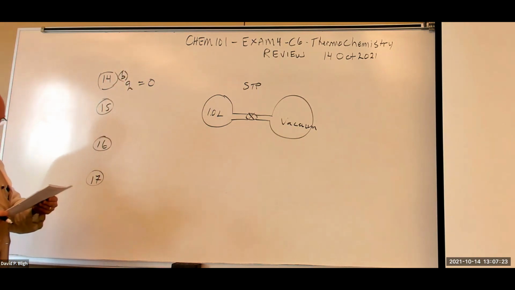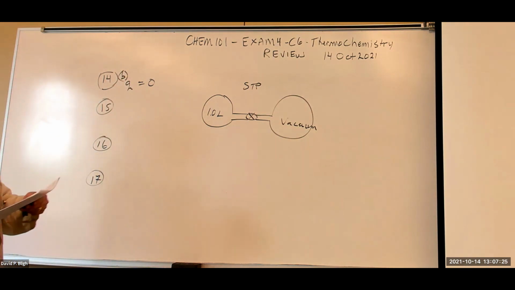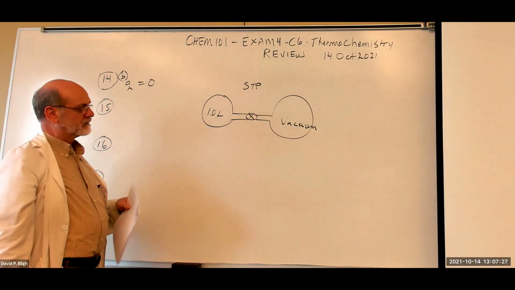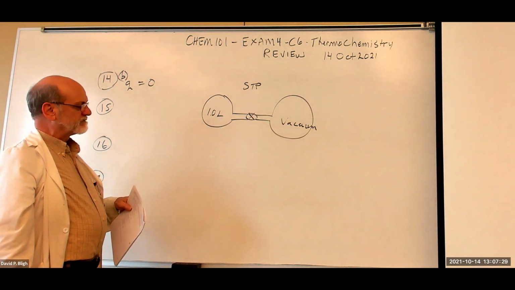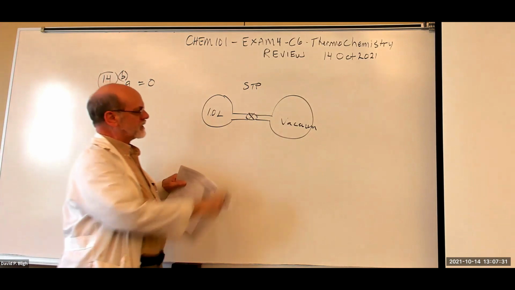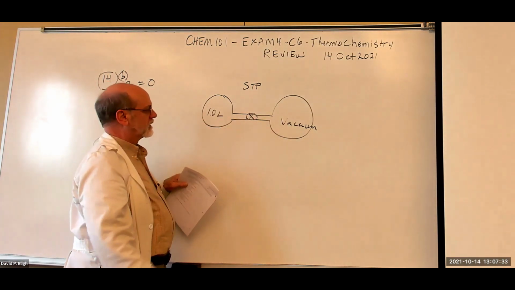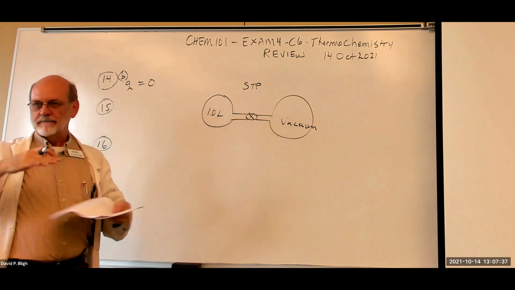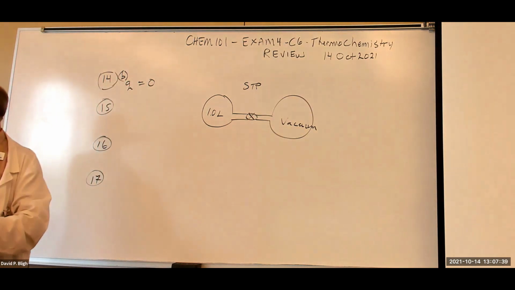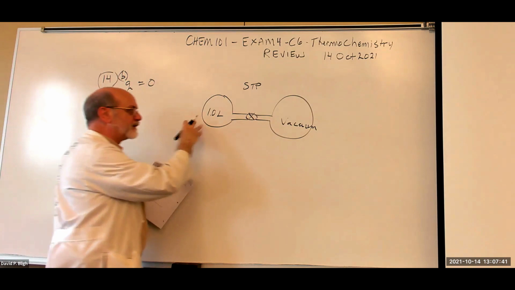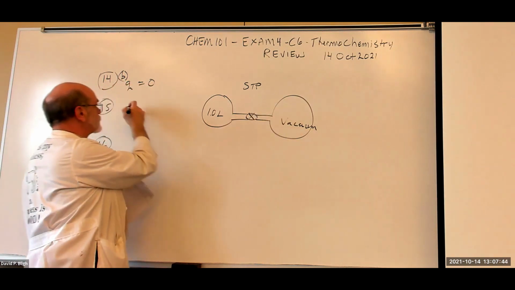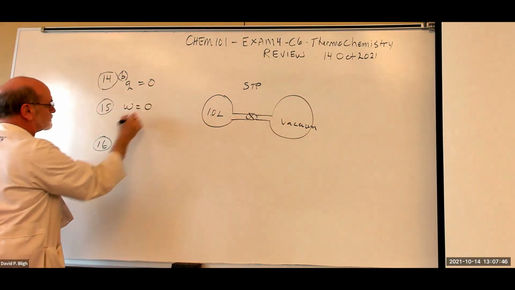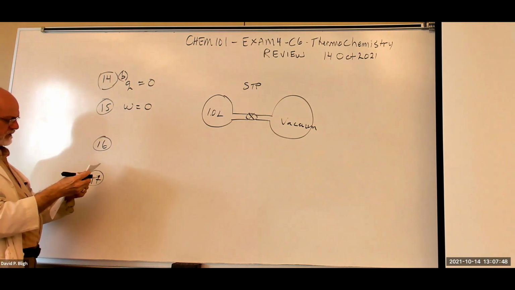How about 15? Work being done. Is work being done? No, because it's not working against any pressure. It's just moving from here to there. Right? There's not a piston moving against a pressure. It's just moving to fill that space. So there's no work being done either. That's probably B also.